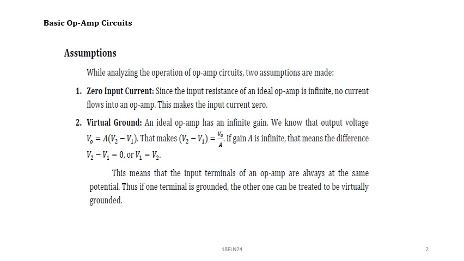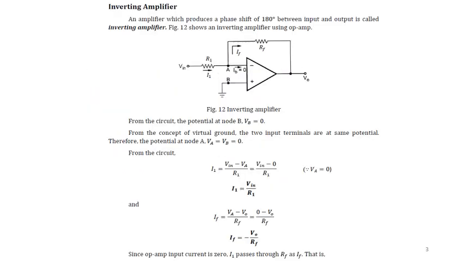Next we will discuss the inverting amplifier. There are two types of amplifiers: one is the inverting amplifier, the other is the non-inverting amplifier. In the operation of an op-amp, if I give a signal to the inverting input and connect the non-inverting terminal to ground, we get the output inverted.